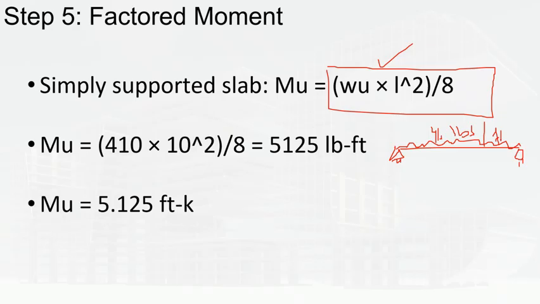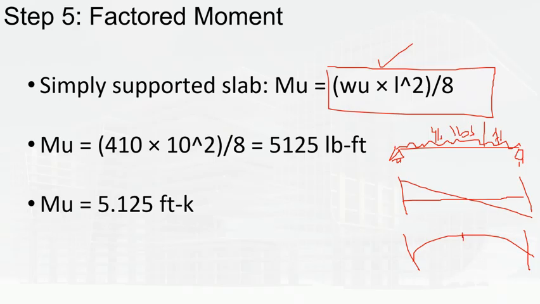Now if you calculate it, you will get a shear force diagram like this, and a bending moment diagram like this. Now the value in which you're basically interested is this value.